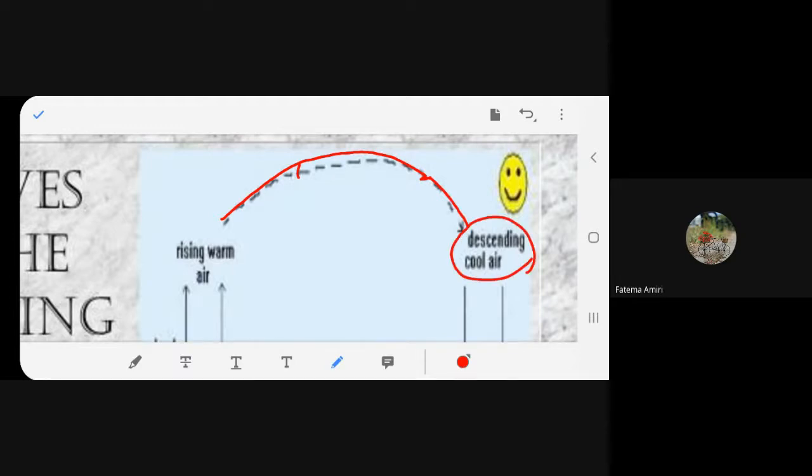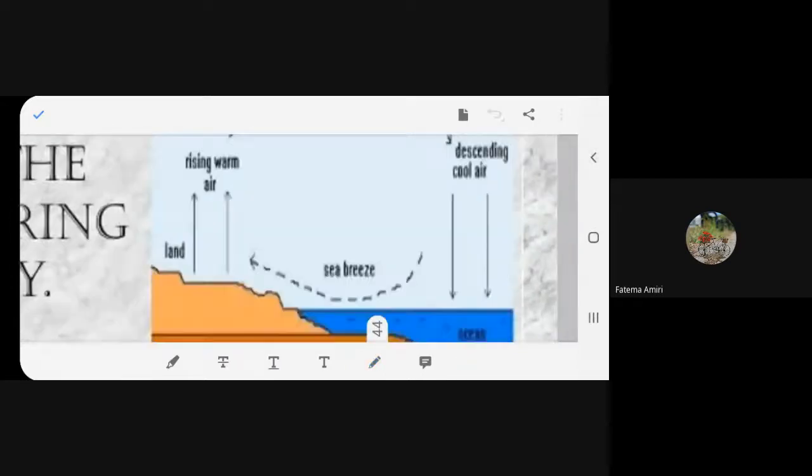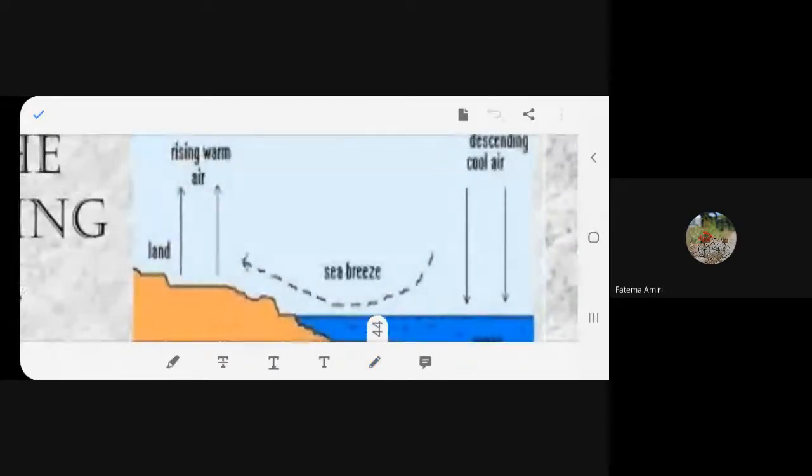Because cool air has to have water vapor, isn't it, beta? Then only it will be cool air. If the air does not have water, it will be hot. When the air gets water, it cools down, isn't it, beta? But when the air gets water, it becomes heavy. So it comes down. So it descends. And then it falls where? In the ocean.